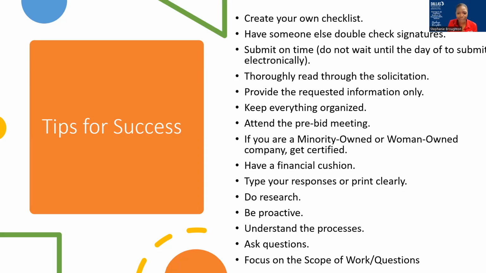And then you want to type your responses or print clearly. This is so important because these minor details can be crucial to you not receiving some great information. You could get an email saying, congratulations, you've been awarded this contract, but they can't read your email, and therefore you don't have that information readily available.